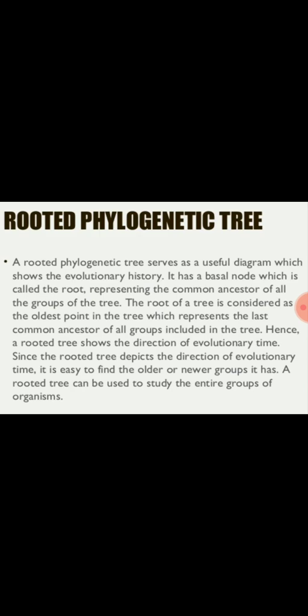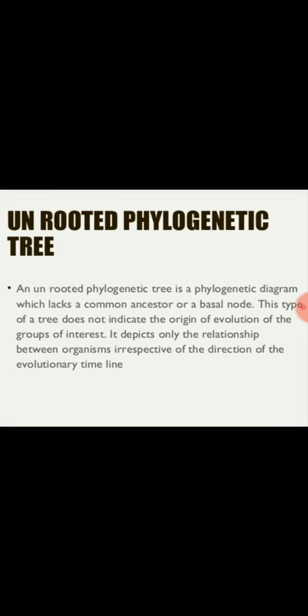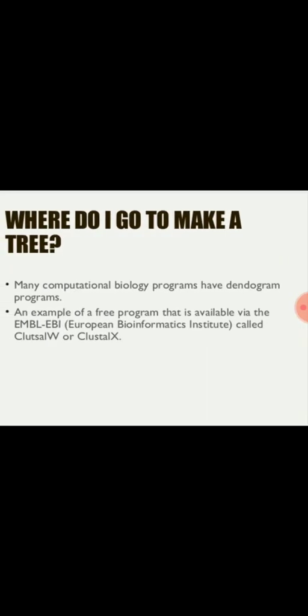And rooted phylogenetic tree means we know the ancestor, and from that ancestor the descendants and the time required for the evolution are mentioned in the rooted phylogenetic tree, while it is not in the unrooted phylogenetic tree. You can go through both slides to get an idea about it.